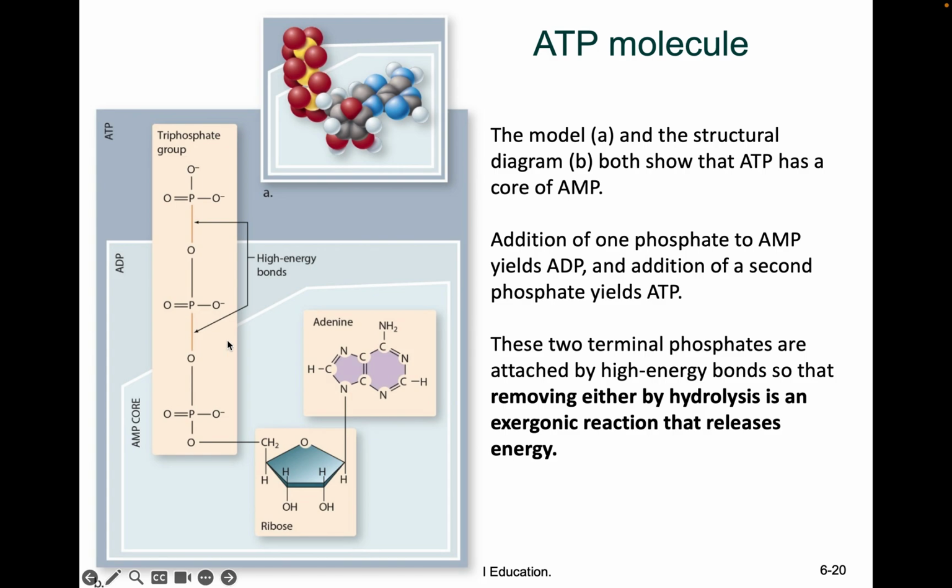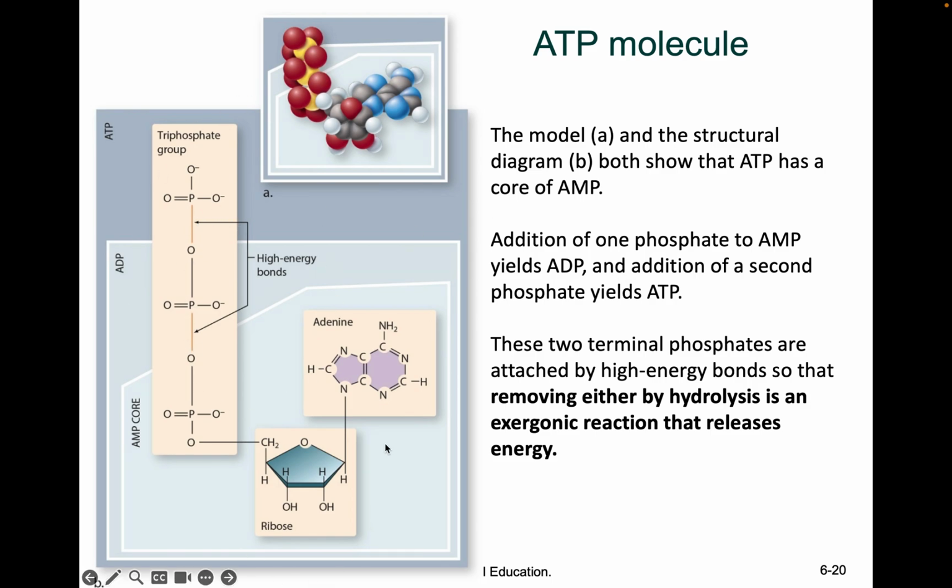These are very important because the bonds between the phosphates and the oxygen are high energy bonds. These bonds contain so much energy, and if you break them, you're going to give off energy for these endergonic reactions.